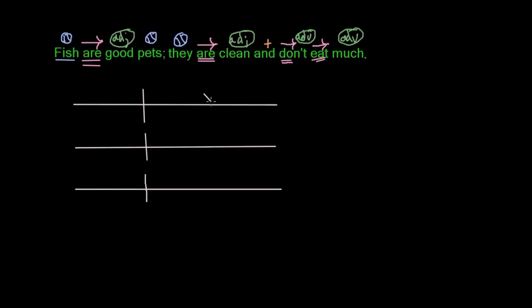Pets is restating what fish are. We could turn it around and say good pets are fish. In the second independent clause, we have another subject complement, a predicate adjective, clean. And the slanted line shows us that it refers back to the subject. They are clean.